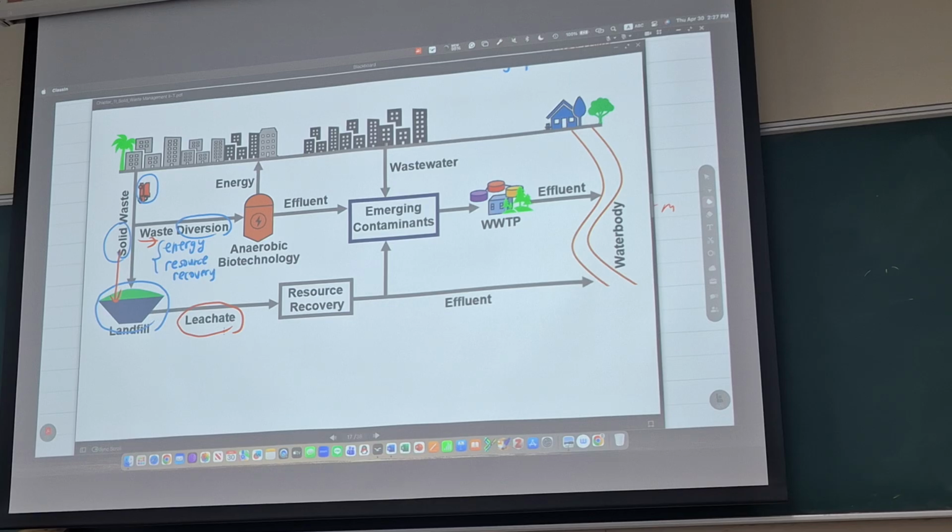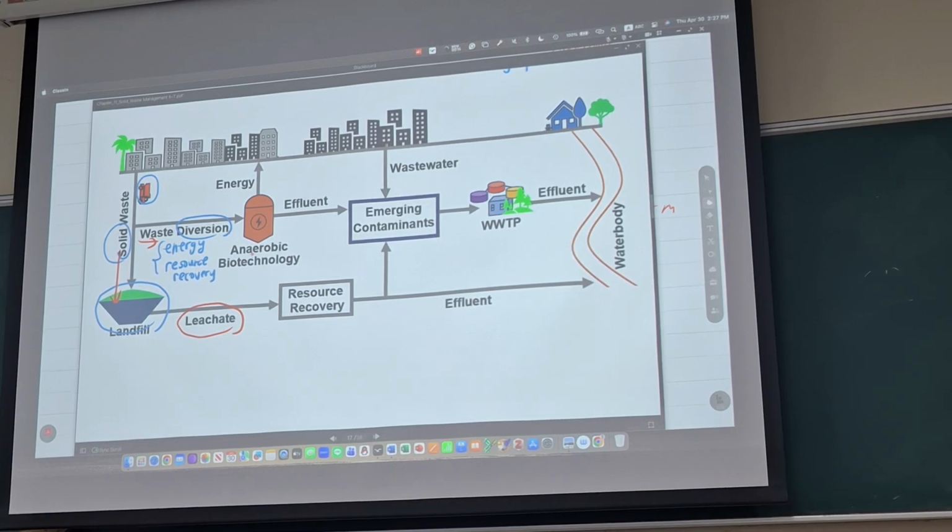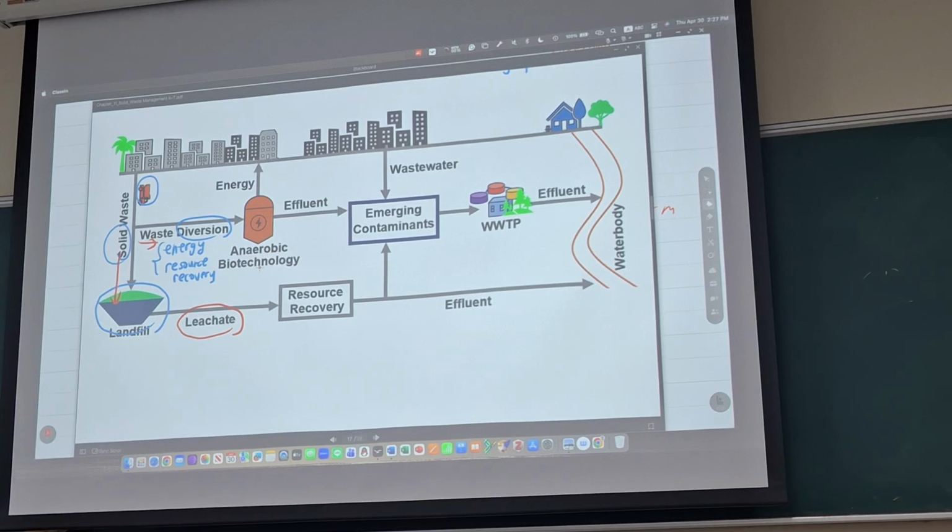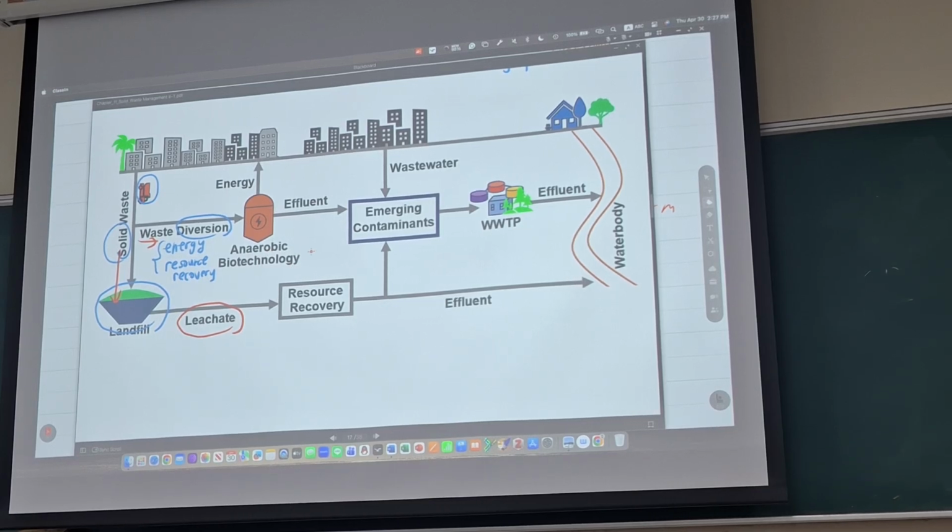And what can we use for the waste diversion? We can use anaerobic biotechnology, which means we can use anaerobic digestion.